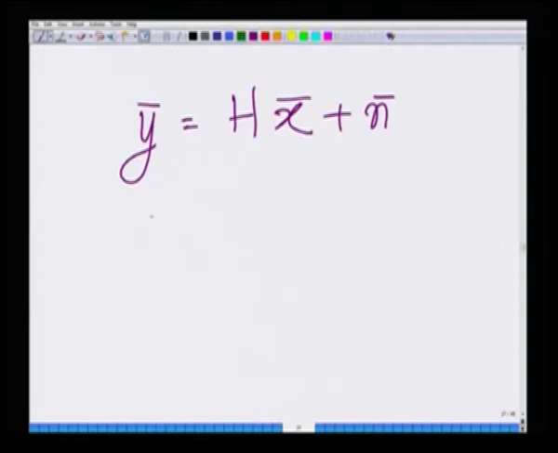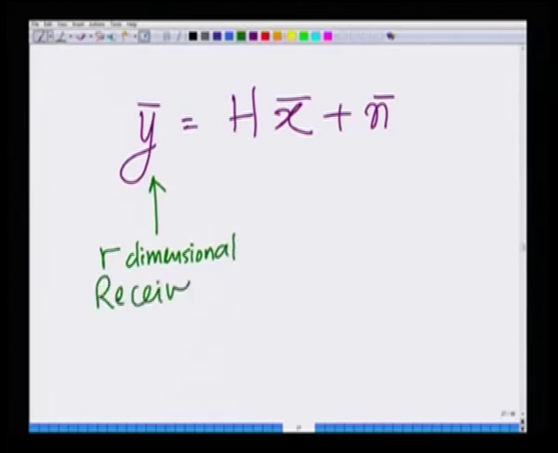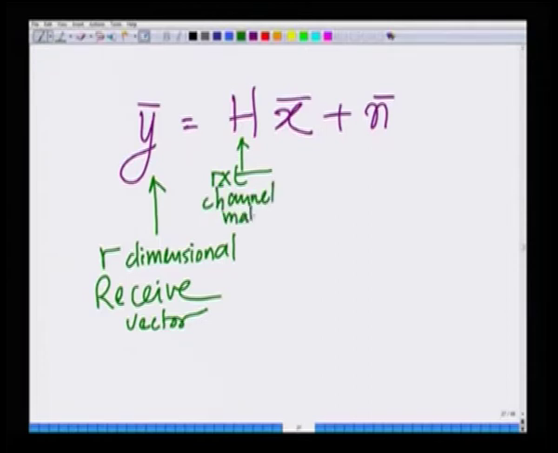Let me again label each of these components. Y bar is the R dimensional receive vector. H is the R cross T dimensional channel matrix.